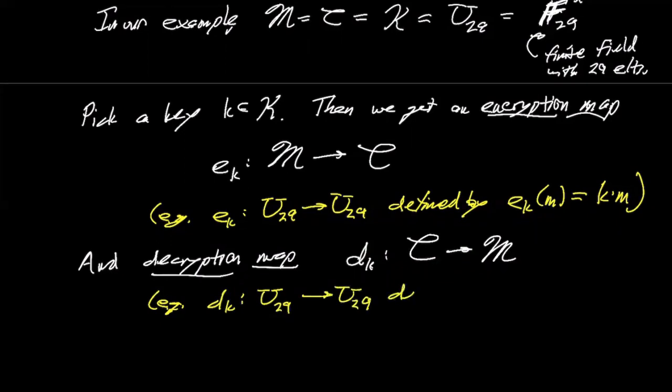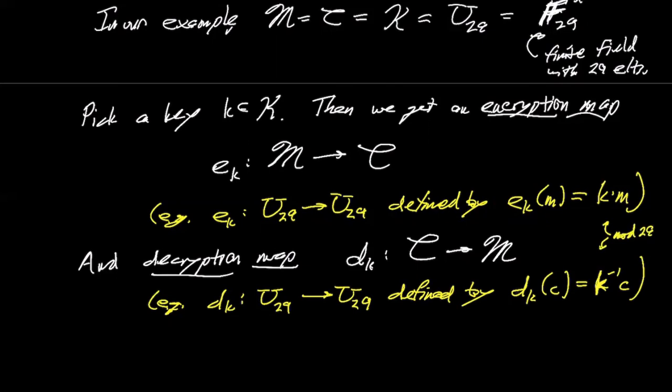It's defined by, well, we want to undo multiplying by k, so we apply it to a ciphertext by multiplying by k inverse. So k inverse times c, again everything mod 29. All right, so that's our example.